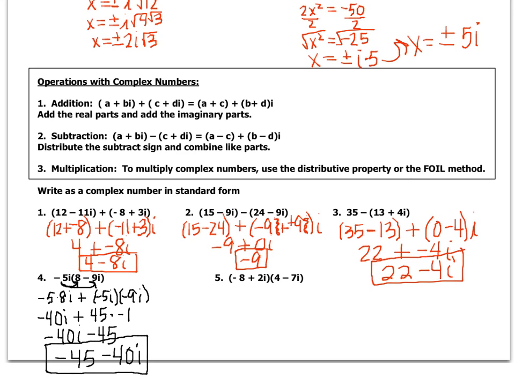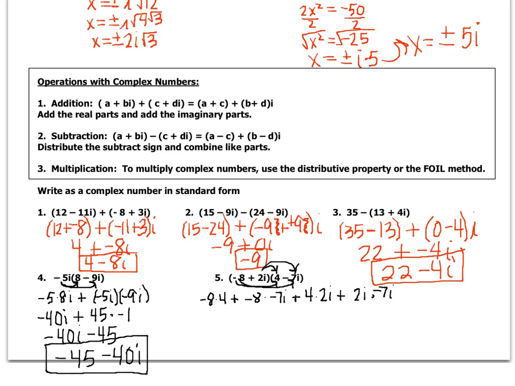Number 5 here, I have two binomials being multiplied, so I know I need to use FOIL. Negative 8 times 4 first, plus negative 8 times negative 7i. Plus, distribute this last one, 4 times 2i, plus 2i times negative 7i.